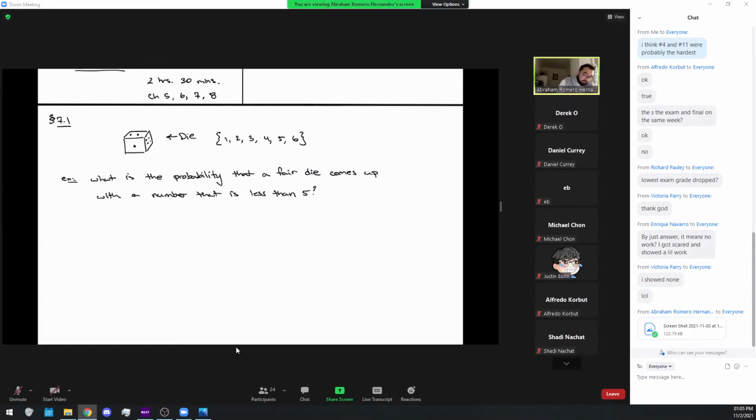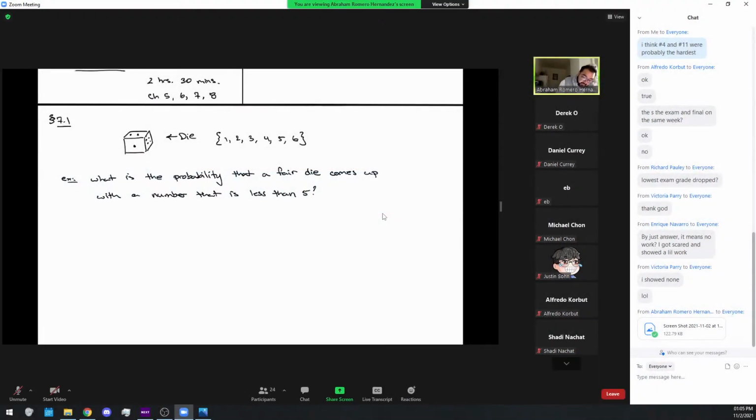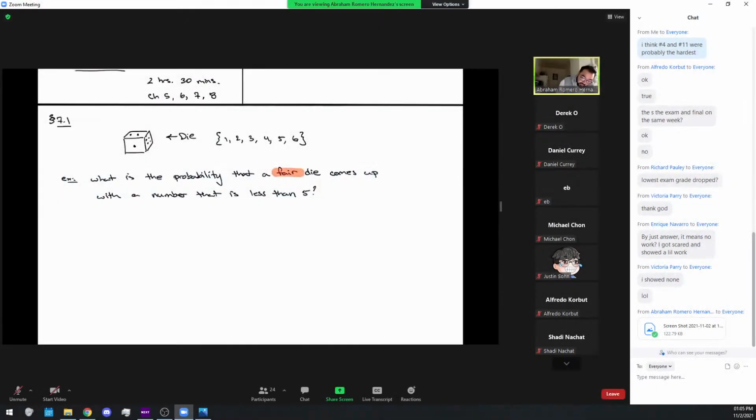Okay, so first questions, or first concerns, if you don't know anything about this, which is fine. What is a fair die? Well, a fair die means that it's a 6-sided cube that's fair. In other words, it's not going to try and land on any number specifically.